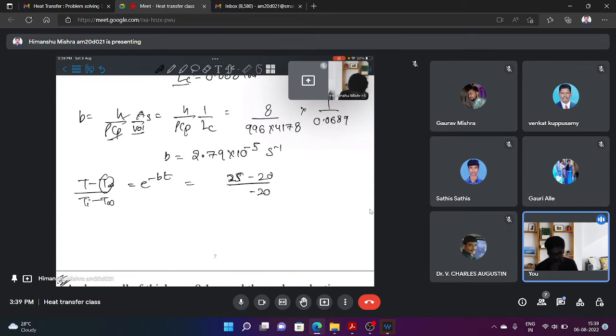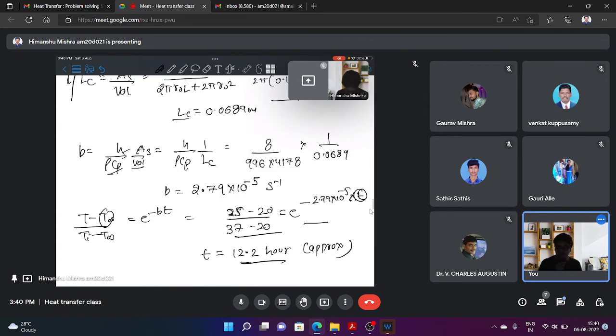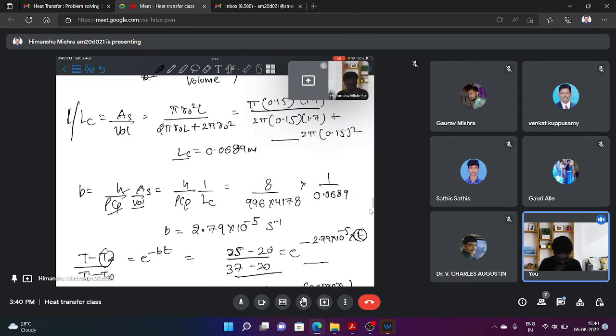And the initial temperature is around 37. We know that this is the normal human body temperature when alive. We need to find a rough estimate of the time of death. On solving this, we can find the time as 12.2 hours approximately. So any doubt in this question?